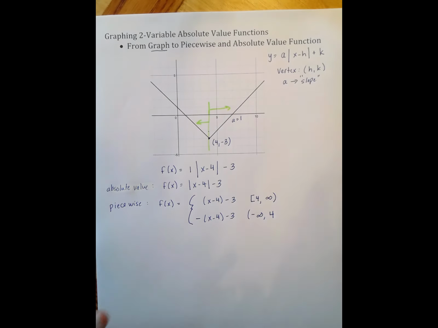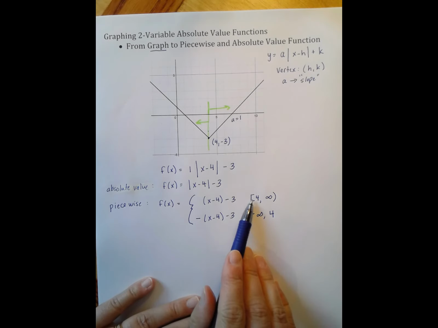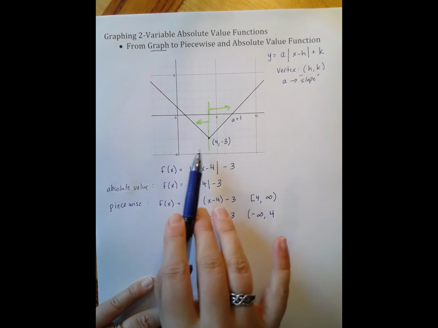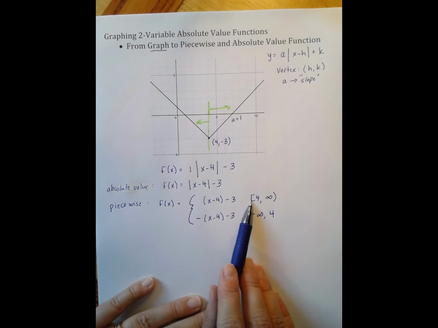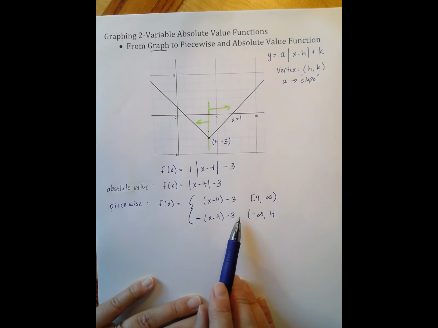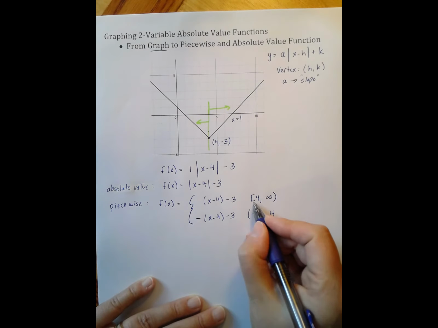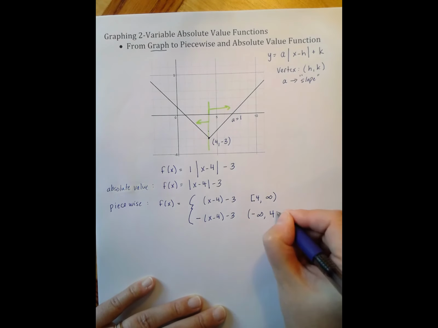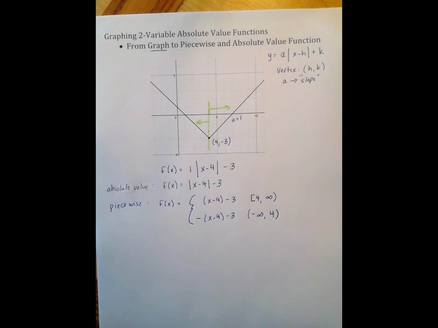Now here's one of the important pieces. This 4 is included in the function, but I can't have it included in both sub-functions because then it doesn't make it a function anymore. So I have to choose. I chose to include it in the positive side of the absolute value equation, so I'm not going to include it in the negative side.